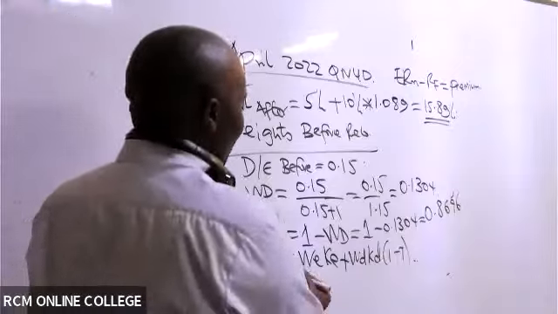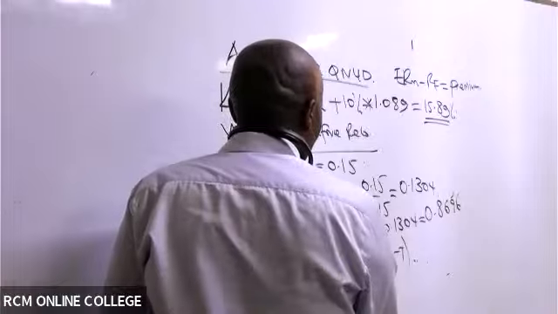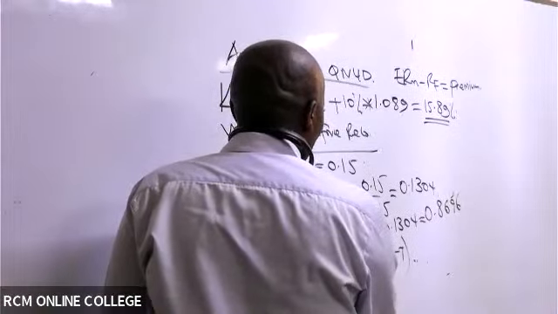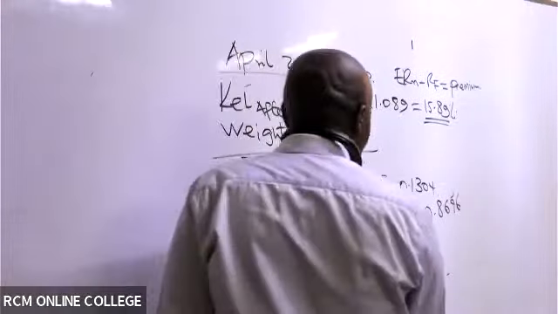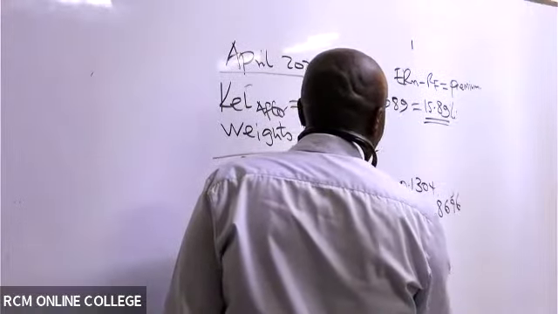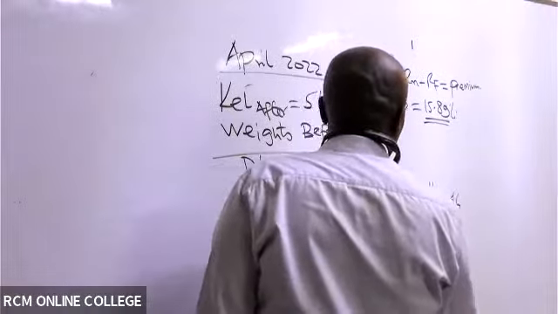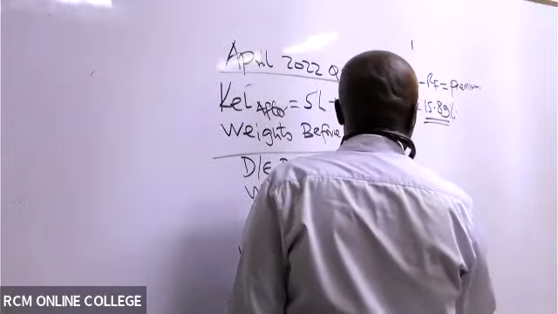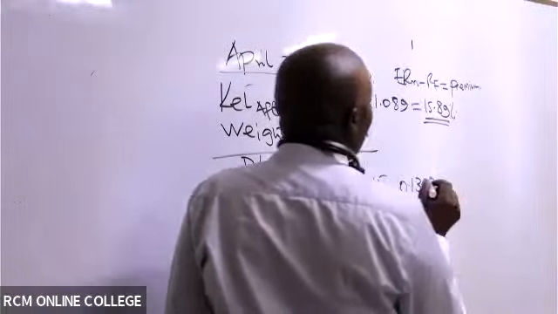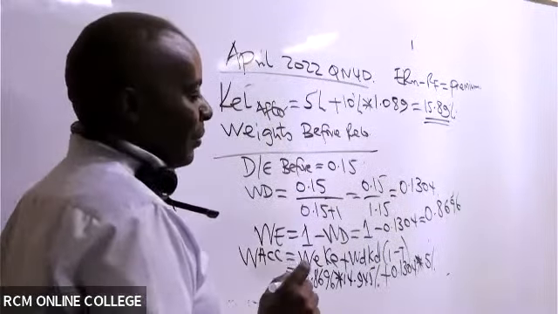So are you able to substitute? So the weight of equity, we already have it. It is 0.8696. How about cost of equity before? 14.945%. Do we have the weight of debt? 0.1304 times cost of debt, which is 5%, because they have told us that cost of debt is exactly equal to risk-free rate.